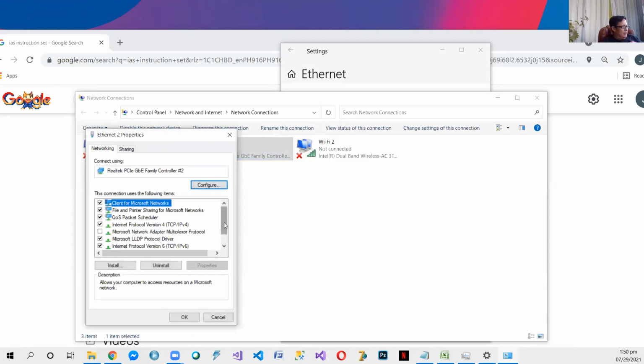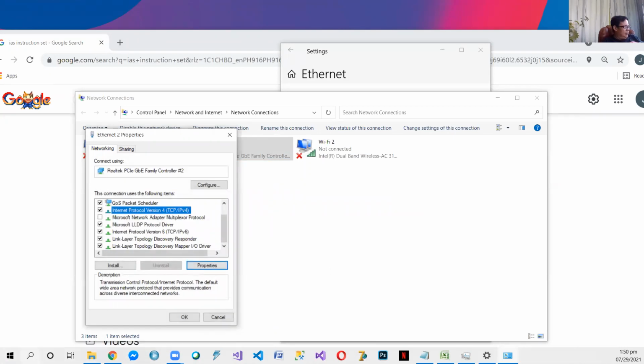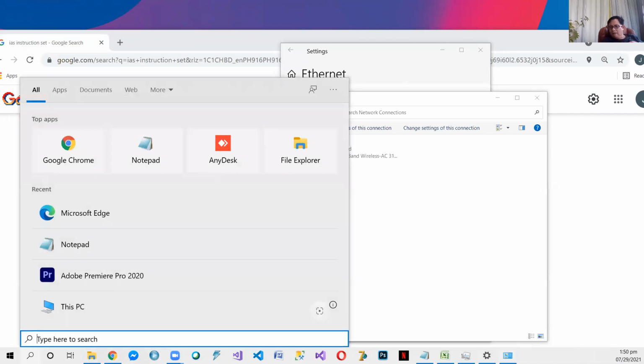It's supposed to be 8.8.8.8. Sir, maybe you can try 1.1.1.1. Why did this happen? I used to connect this somewhere else.